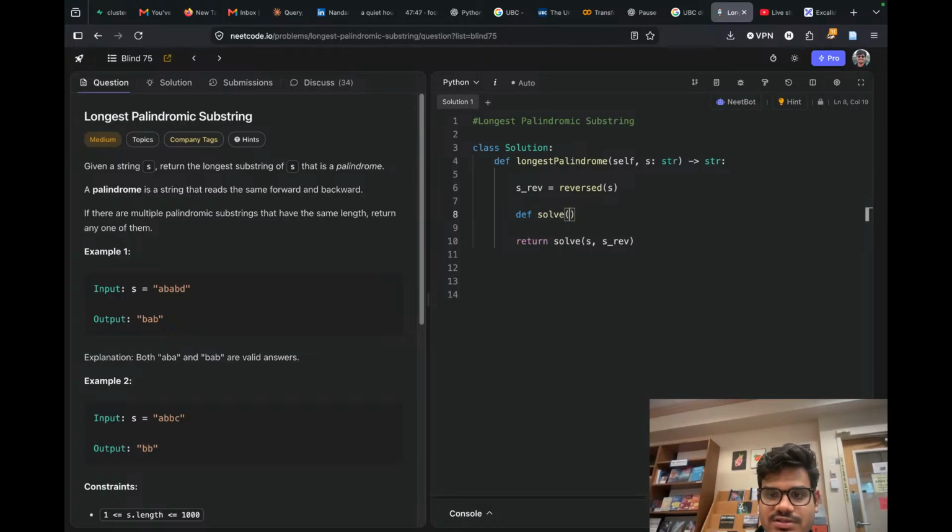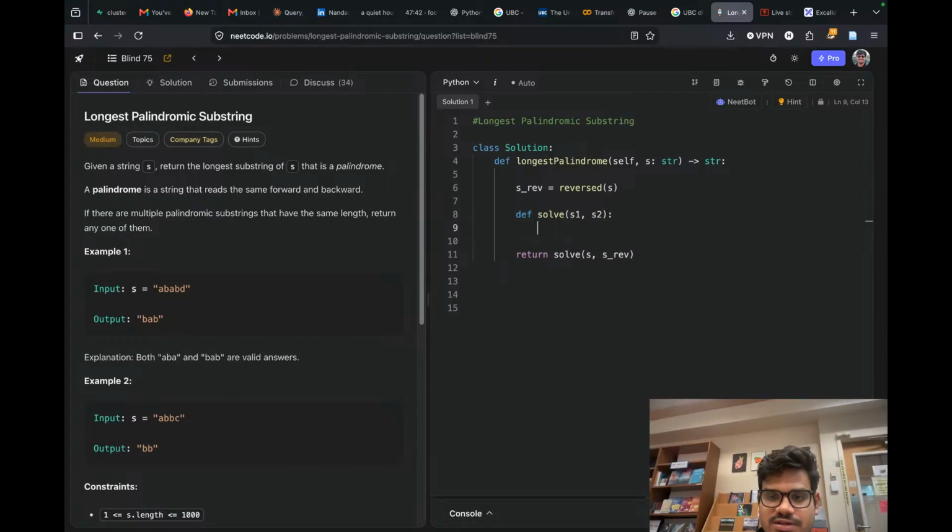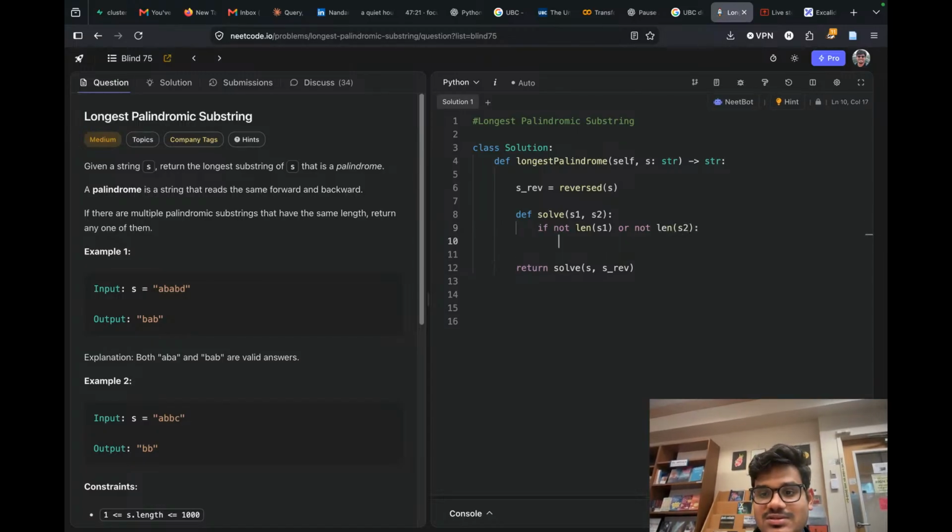So here we have a string s1 and a string s2, right? If len of s1 is 0, or if len of s2 is 0, if any of the lengths of s1 and s2 is 0, if this is true or this is true, we'll just return an empty string.